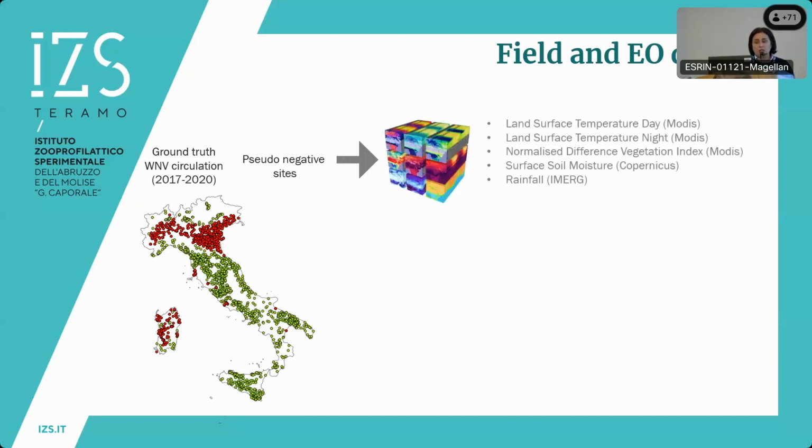And we associated data cube, the Earth observation data organized in a data cube, and mainly land surface temperature, night and day, normalized vegetation index, surface soil moisture from the Copernicus missions, and rainfall. And for each point, we selected all the data, current data, and previous data up to 6 months before.